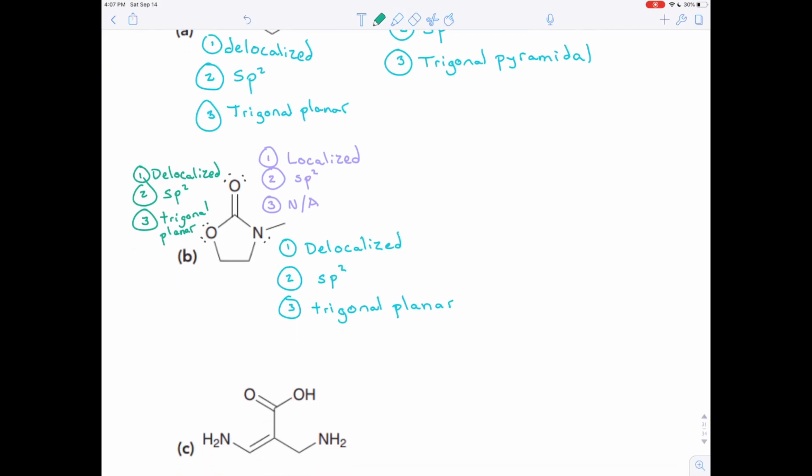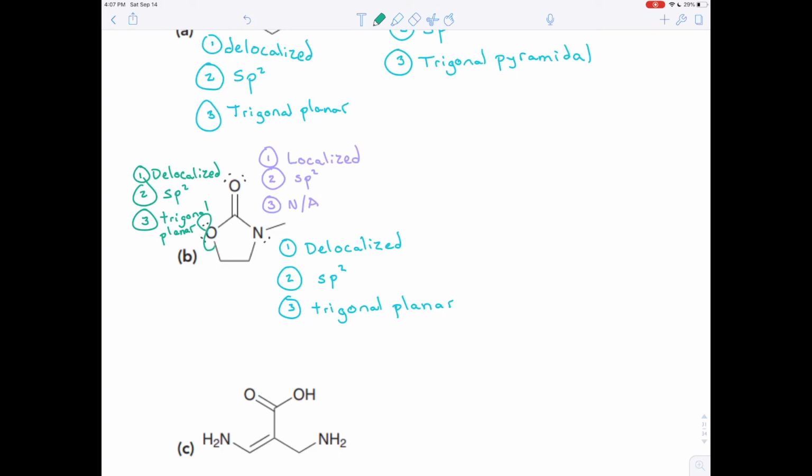Now you might say, wait a second. In the first chapter we learned if you have two lone pairs and two bonds, that shape is bent. But remember, this isn't really a lone pair here. That is delocalized. That's not stuck on that one atom. That's spreading out over here. So you wouldn't have that lone pair there.